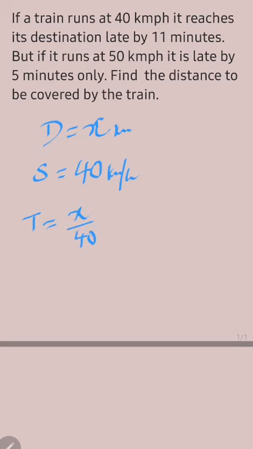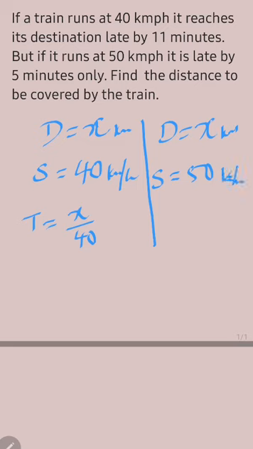This is the first situation. And for the second situation, there is no change in the distance. Distance again the same, x kilometers. But coming to speed, the speed is different, that is 50 kilometers per hour. Now what is the time here? The time is again x by 50.